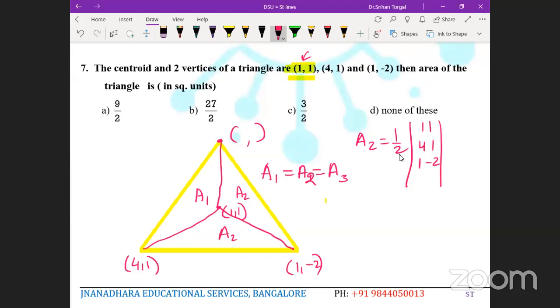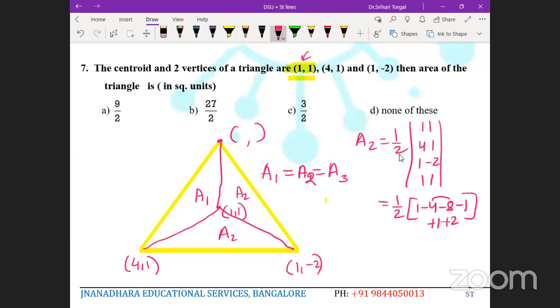You don't think of any order here because when it is a triangle, you can take any way. Half of it is 1 minus 4 minus 8 minus 1, 1 plus 1 plus 2.